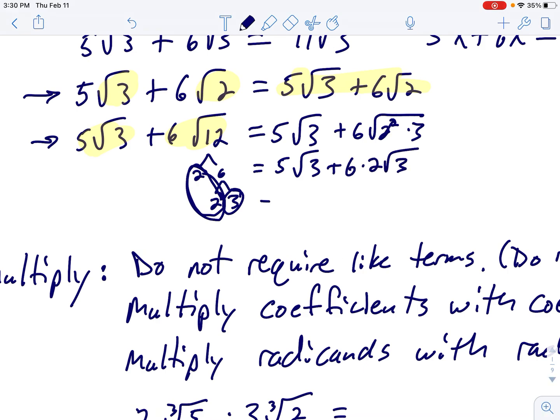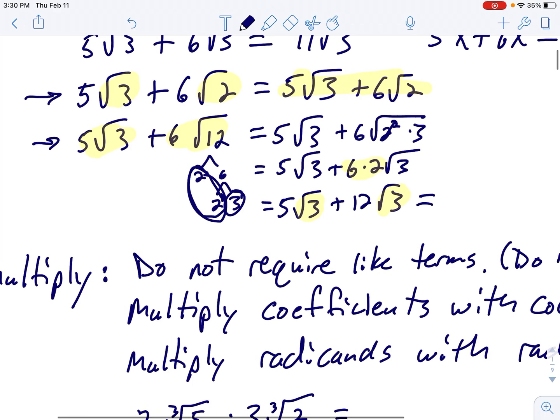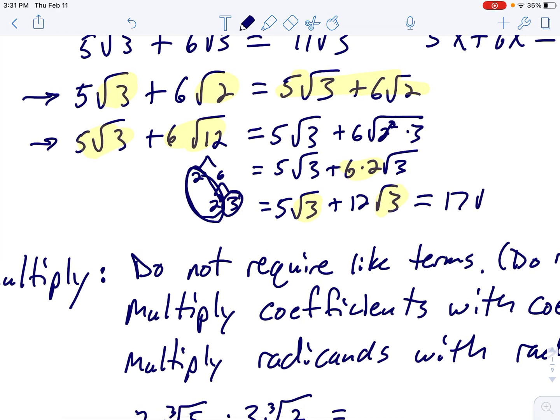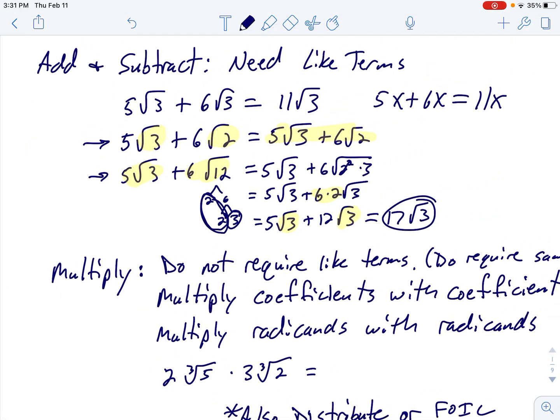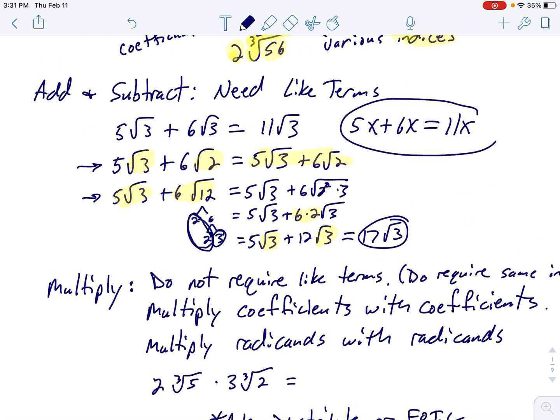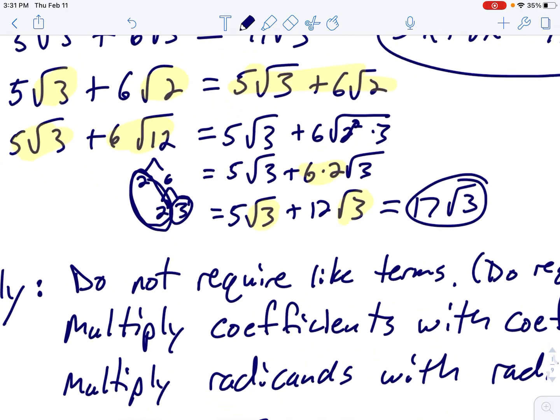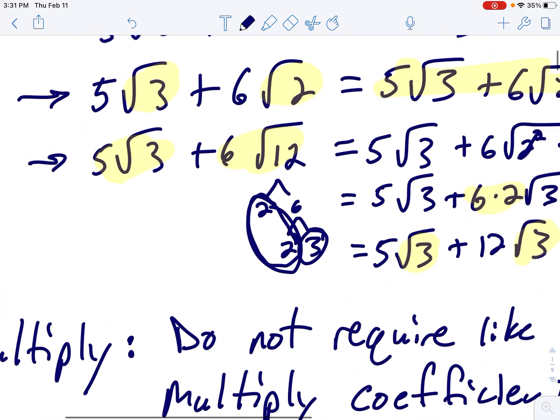Square root of 3, and that becomes 5 square root of 3 plus 2 times 6 is 12 square root of 3. And now they are like terms. They're both square root 3. So if I add this, 5 plus 12 is 17 square root of 3. So, kind of like variables, as I explained up here, but sometimes a little different.